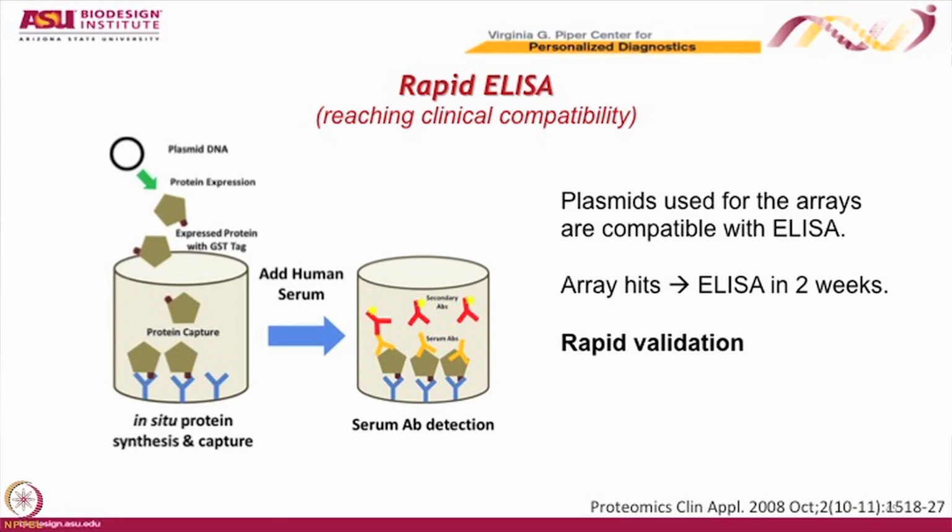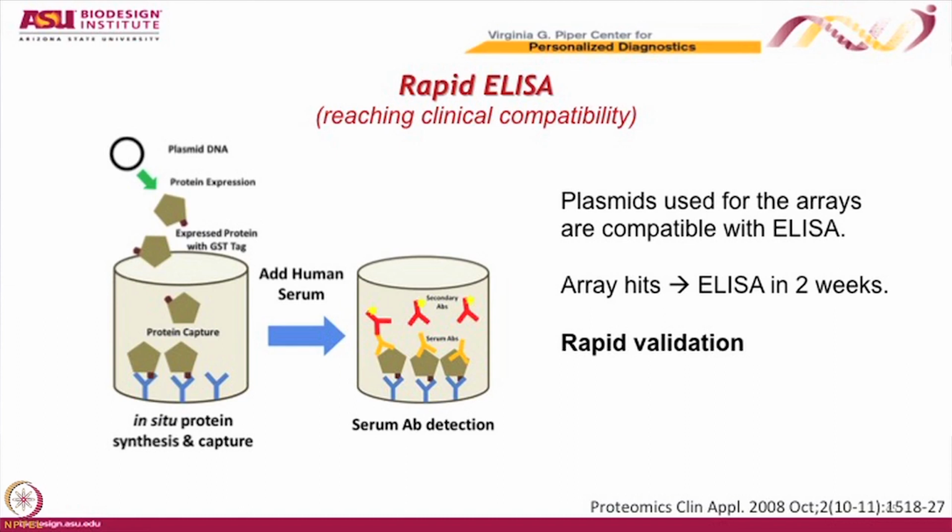We can do this to the point where I think it costs less than $1 per well to do the assay. In the big picture, that's pretty good, especially because we can set up one of these ELISAs for just about any protein within a couple of weeks. One reason we can do that is, by definition, if the protein was detected on a NAPA array, then we know that we have the plasmid for that protein, because we had to print it on the array.